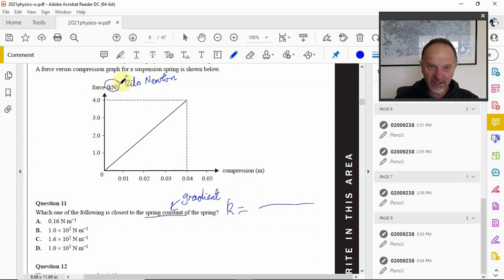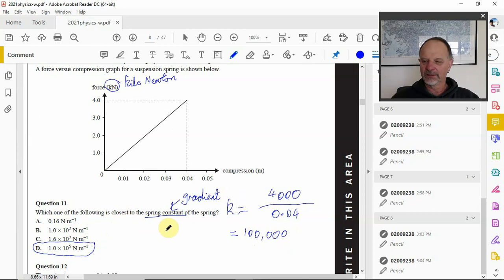Now remember that's 4 kilonewton, so that's 4,000 newton, over 0.04, and it is already meters, so I don't need to do anything with that. And when you get your calculator, you find that that comes out to 100,000. And so the question is, which one of these is 100,000? Well, if you have a look, 1, 2, 3, 4, 5 zeros. D.